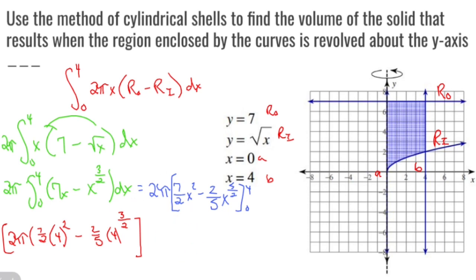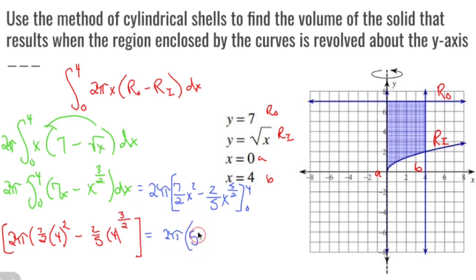So let's do a little bit of simplifying. You can use a calculator if you want to, but I don't have one on me right now. So we've got 2 pi. 4 squared is 16. 7/2 times 16 is going to be 56.